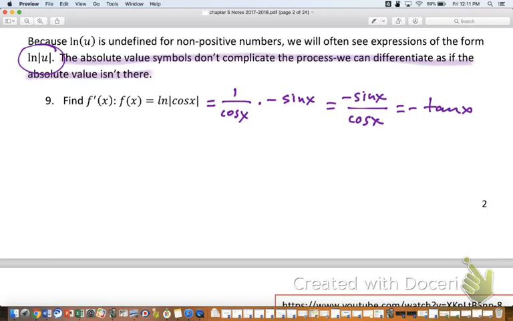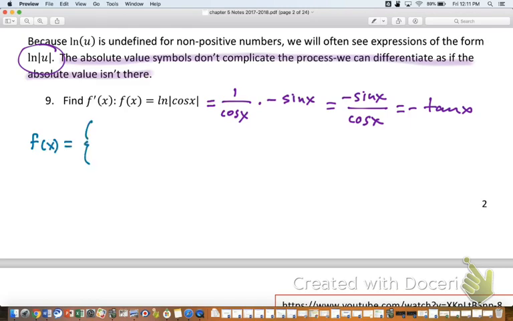Okay, so somebody who's paying attention is going to look at this and say, wait a minute, you completely ignored the absolute values. You can't do that. And that's really true. I'm using kind of a trick, and I want to prove that trick to you. Is that good? So check this out. If I wanted to prove this to somebody, and I can see why somebody might want to know, I could explain this a little bit better.